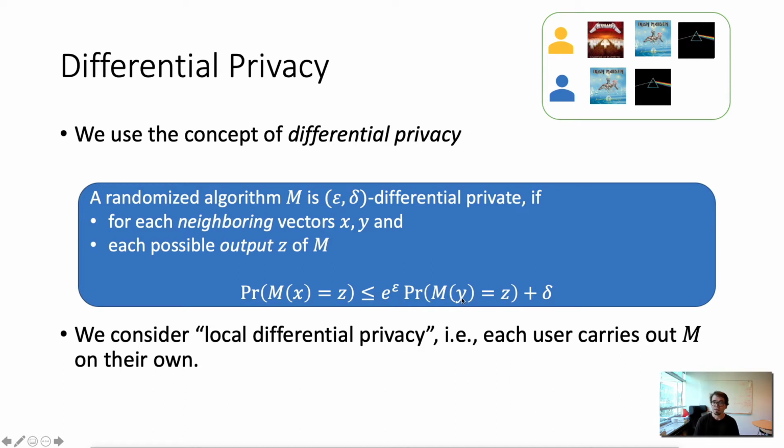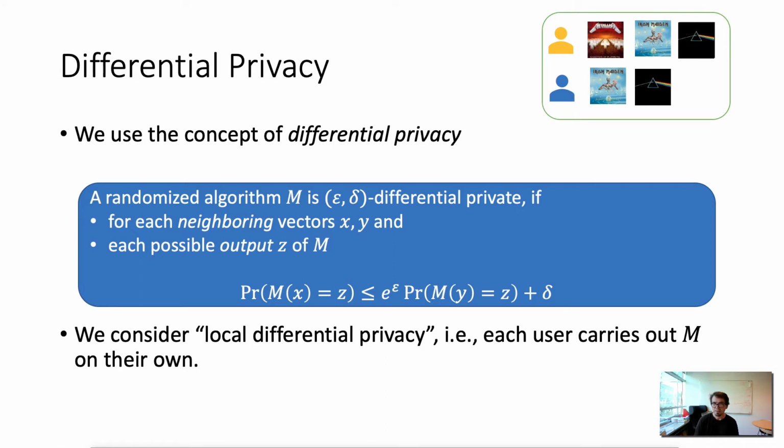So these probability distributions that are induced by running M, the randomized algorithm, on x and y, make them nearly indistinguishable up to this factor of e to the epsilon. In general, there's also a delta, which is some additional failure probability that the mechanism might have.